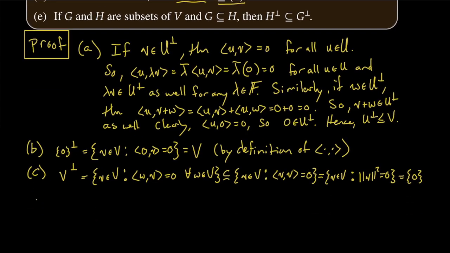All right, so here, let's just write this one out. U intersect U perp is equal to the set of, well, I'll write out what U perp is.